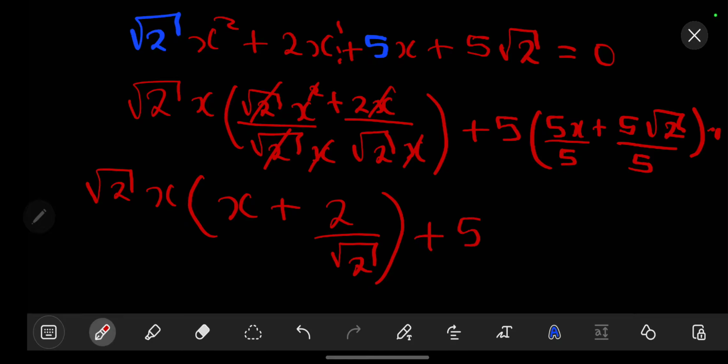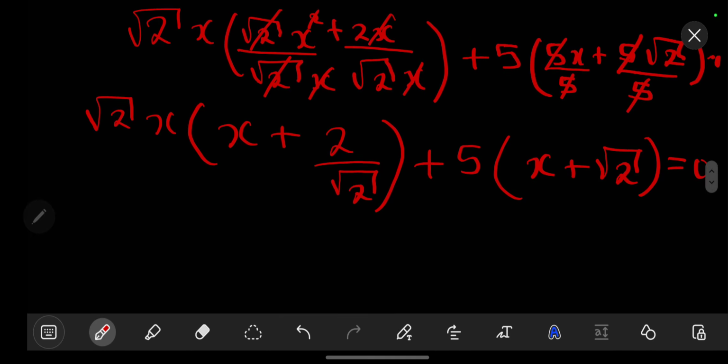Then we have plus 5. Then this 5 and this 5 goes, so we are remaining with x. This 5 and this 5 goes, we have plus the square root of 2 should be equal to 0. Now remember, for you to factorize an equation, what is in the brackets must be the same.